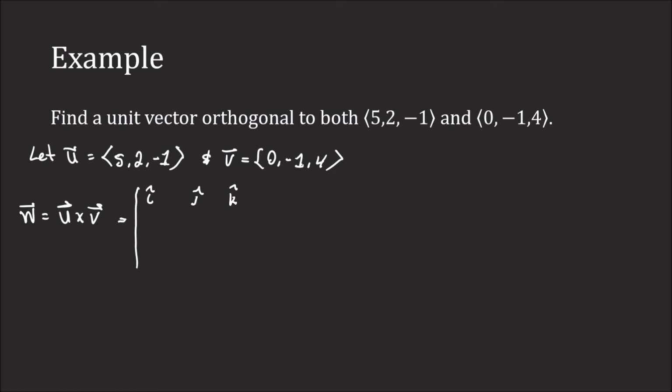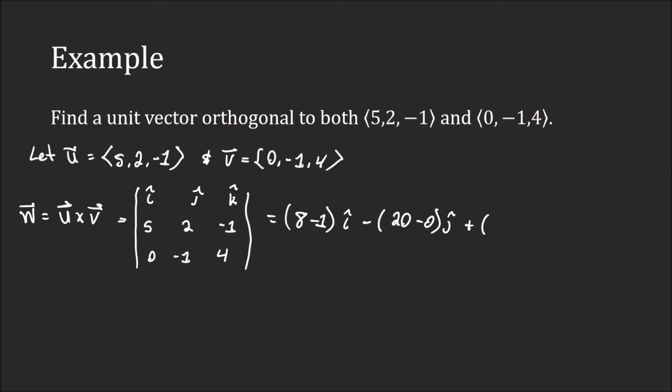So we form our matrix. Now take the determinant. So we'll have minus 1 in the i direction, minus 20 minus 0 in the j direction, plus negative 5 minus 0 in the k direction.